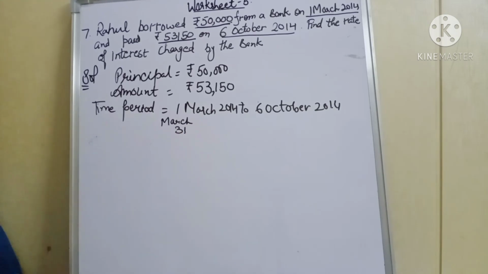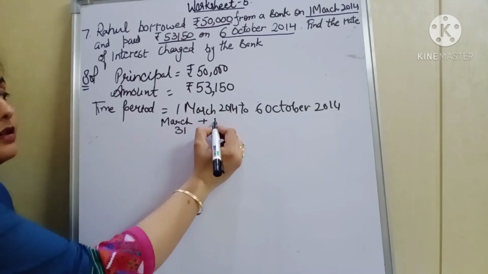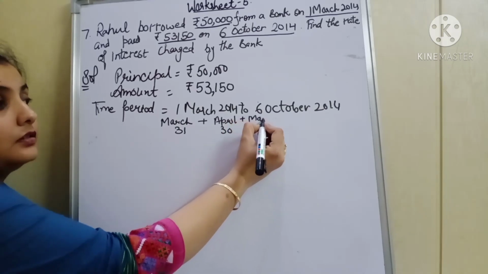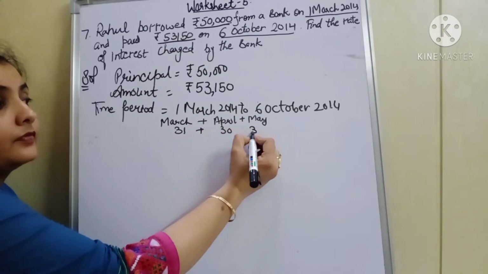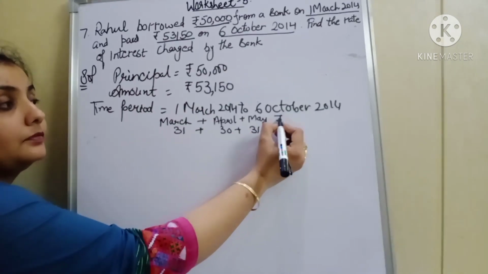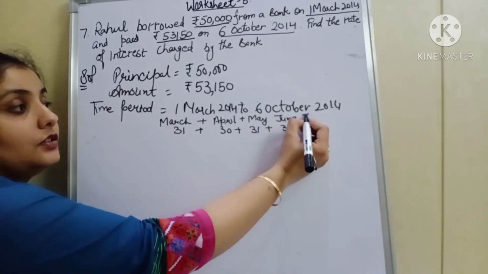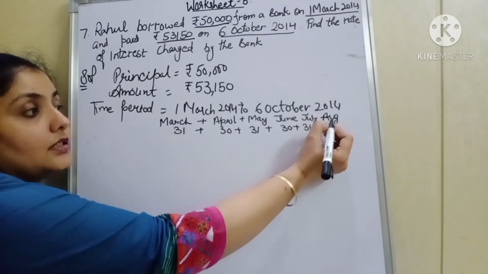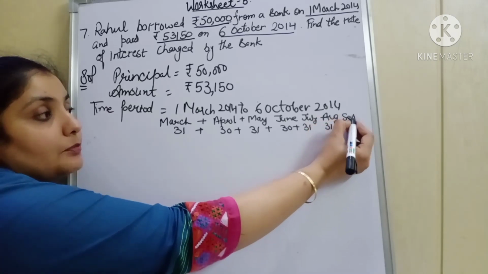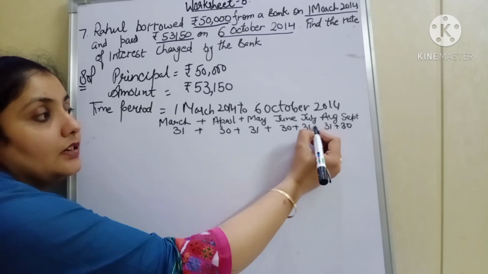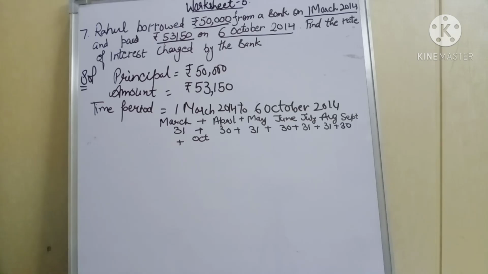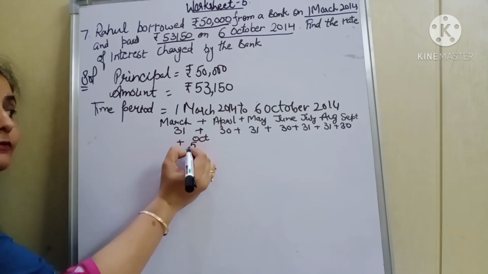From 1st March to 31st March, plus April 30, May 31, plus June 30, July 31, August 31, September 30, plus October. Now in October he paid on 6 October. For October we are going to consider only 5 days.